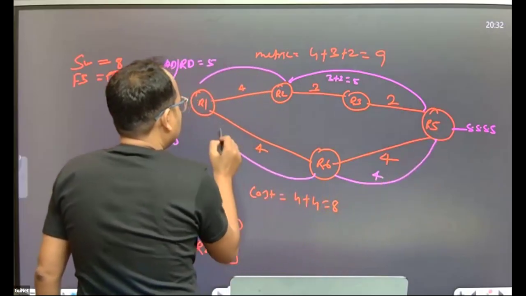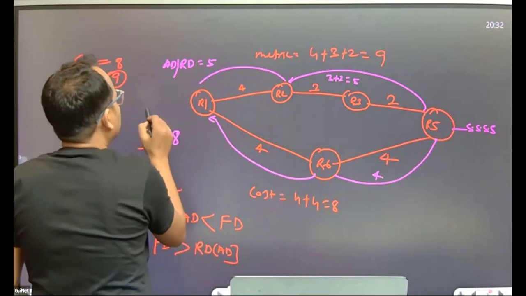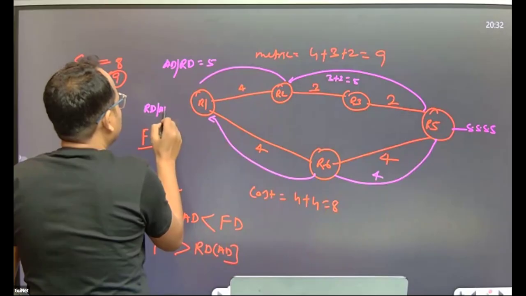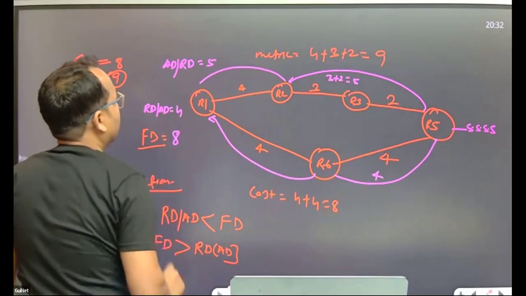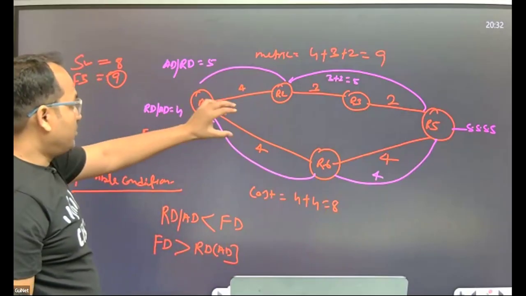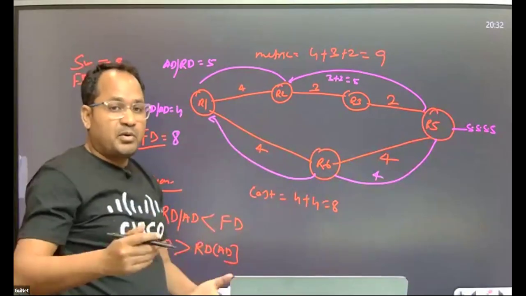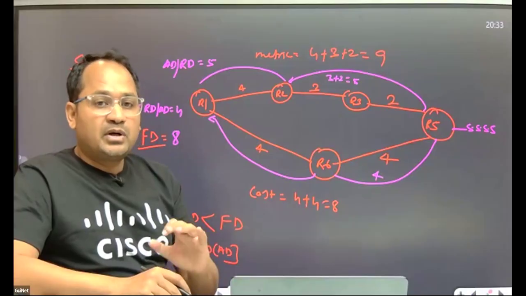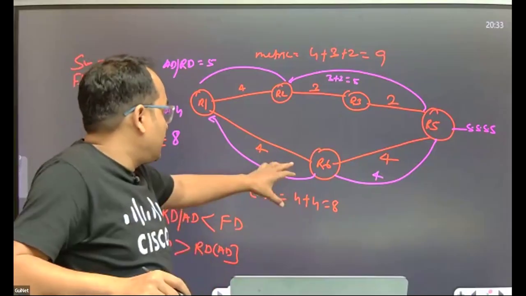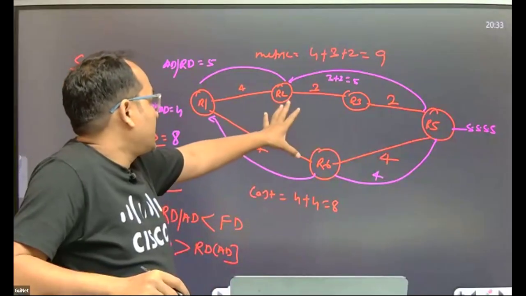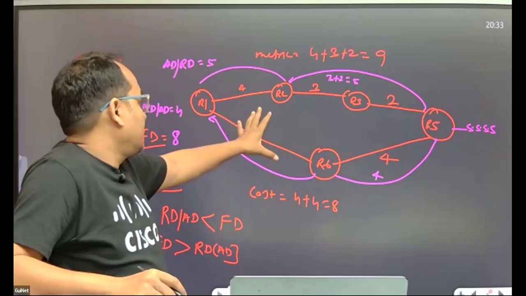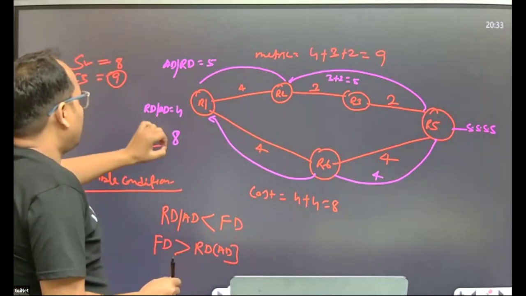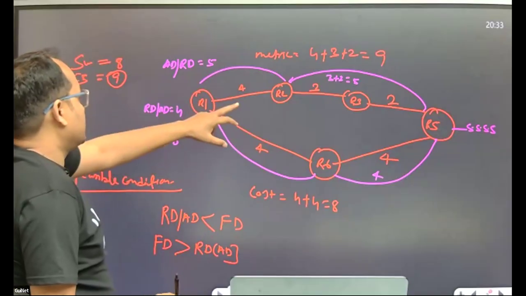So it will also inform this reported distance, and AD is going to be 4. Clear? So the reported distance is always reported by your neighbor, not by you. So this neighbor is going to report what my feasible condition is.